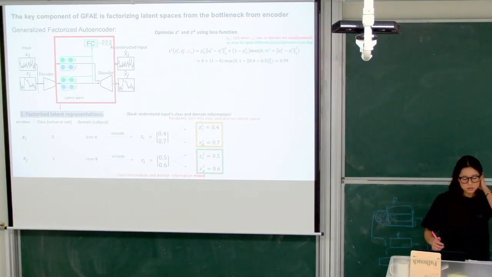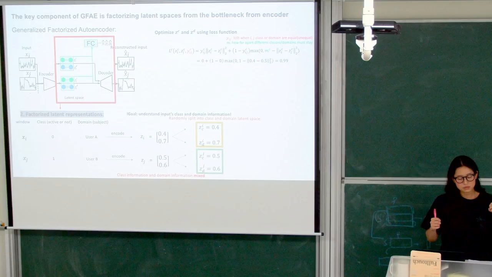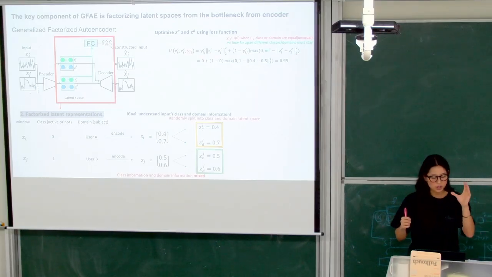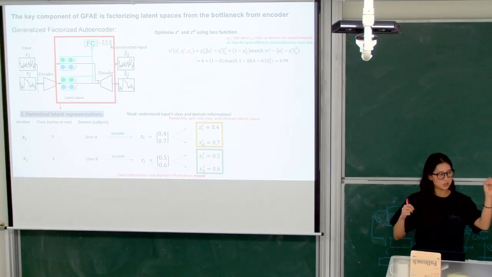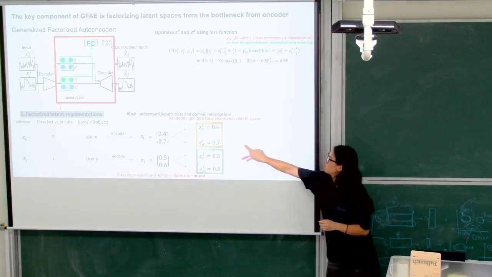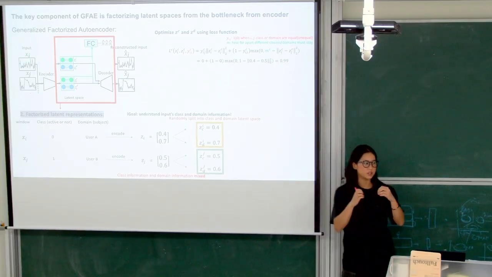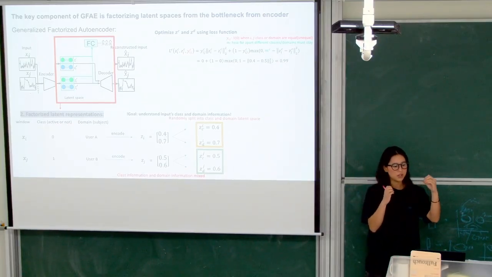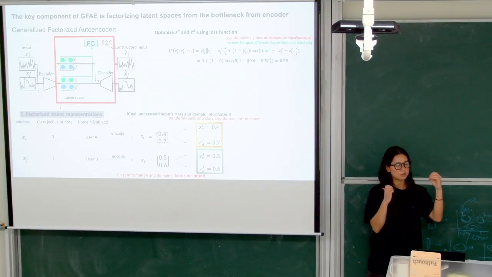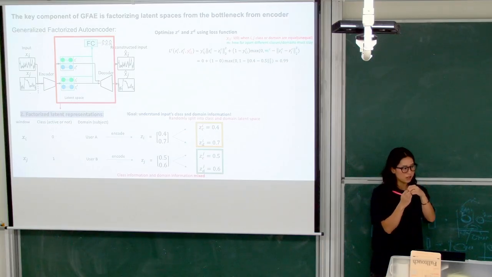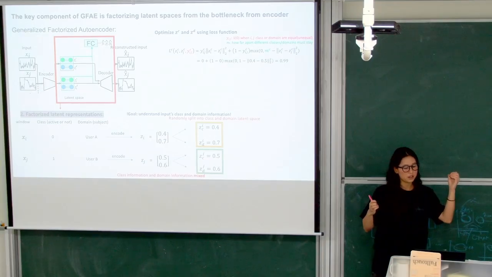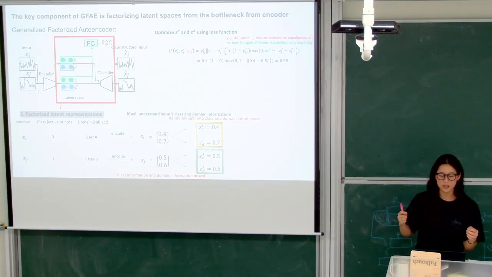Kind of. With class and domain information, it creates a relationship. If they're similar, they will be closer together, and if they're different, it'll push them away from each other. So that's why it's giving the loss.